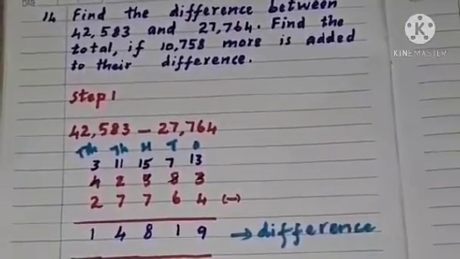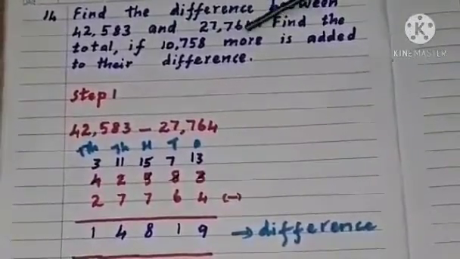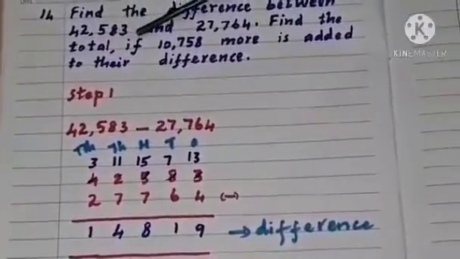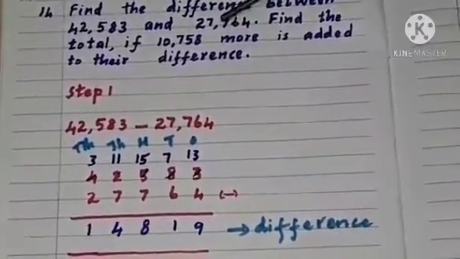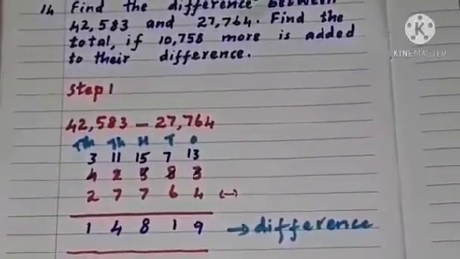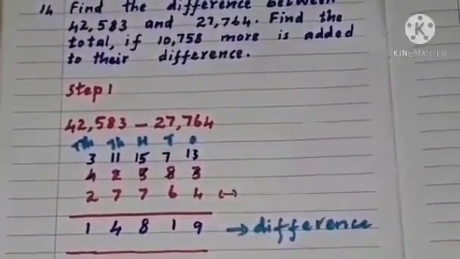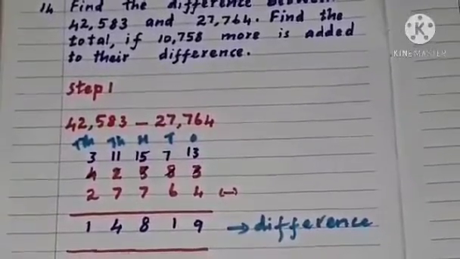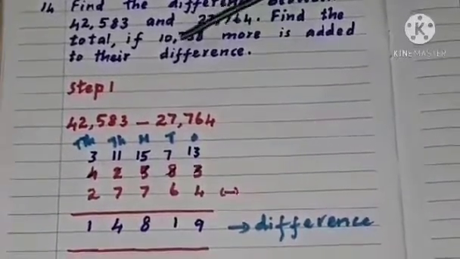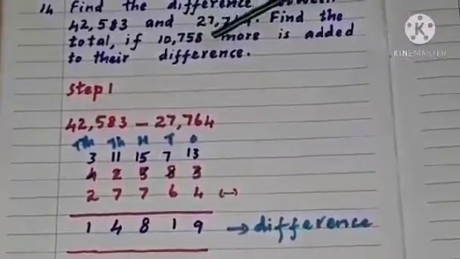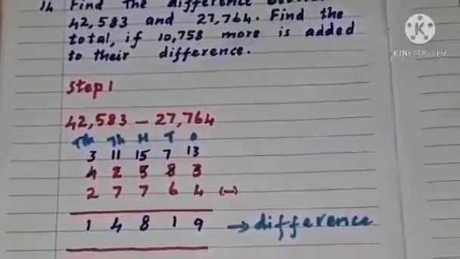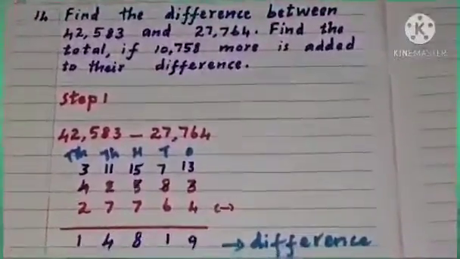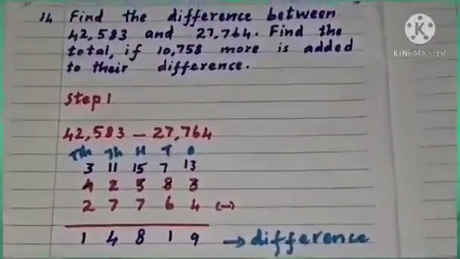Here we have two values, that is 42,583 and 27,764. Is there any other given information? Yes, that is 10,758.